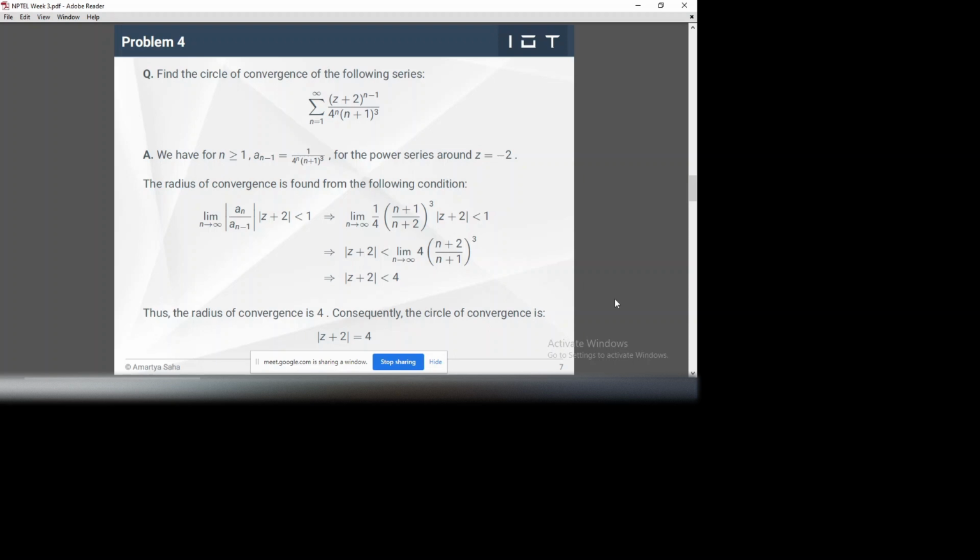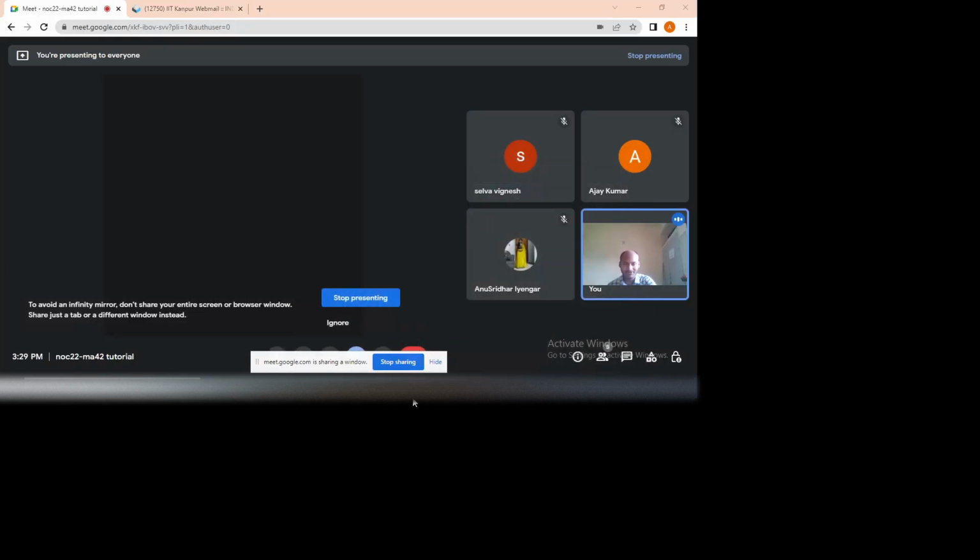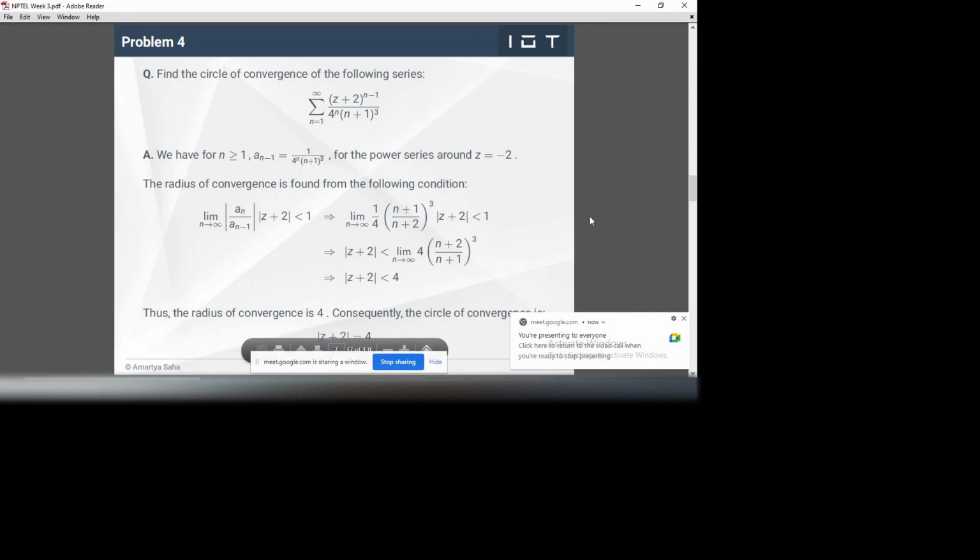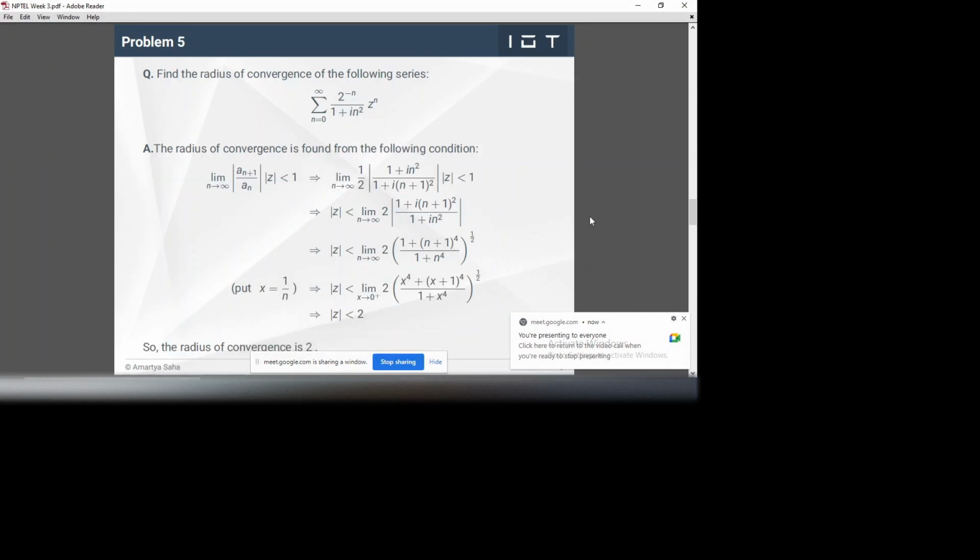Inside this region, this is definitely uniformly convergent, and hence the circle of convergence is mod z plus 2 equal to 4. Okay, that was pretty straightforward. This is the main concept of today. So let us move on to the next one.